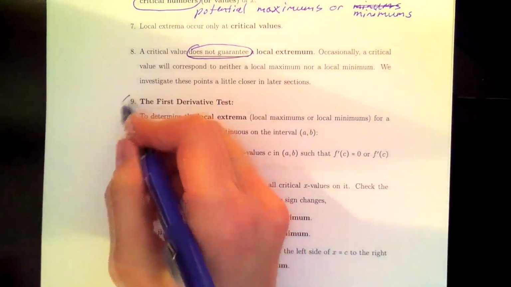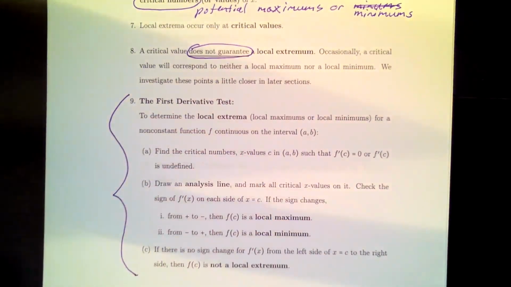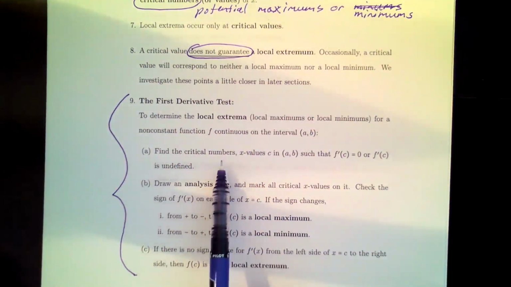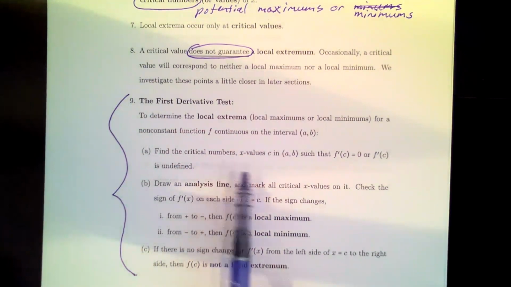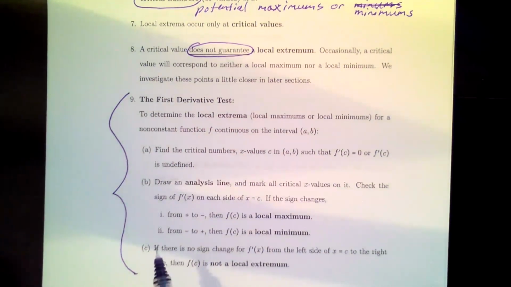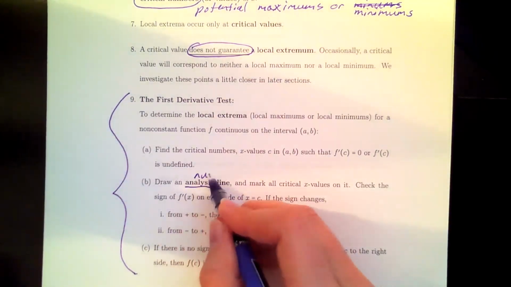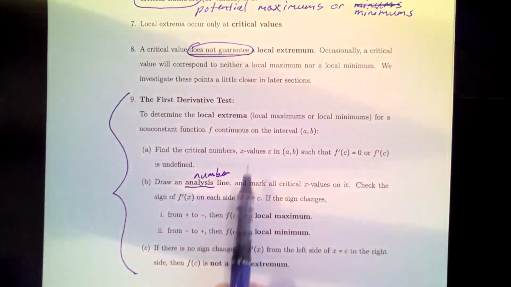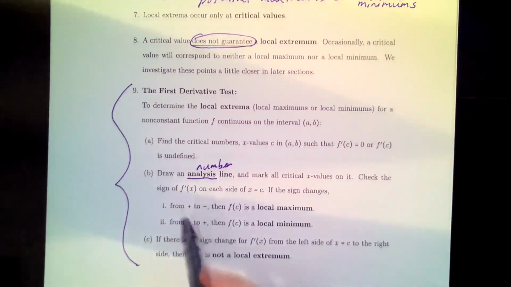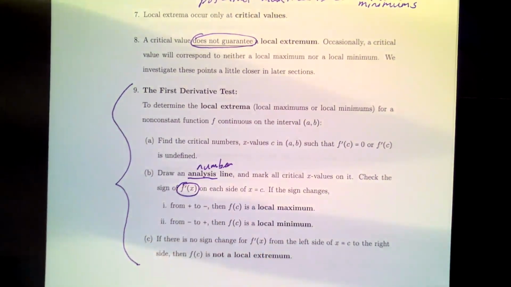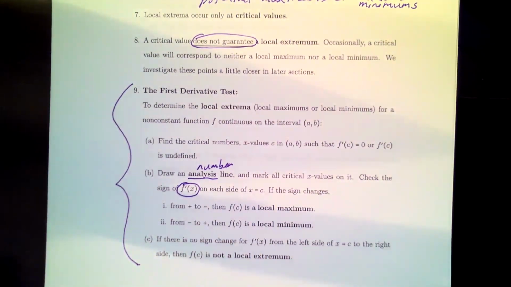Now there's a lot of words here in the steps, but it amounts to, first, find these critical numbers. Find these interesting values of x where a max or min may be. To find whether or not they actually do correspond to a max or min, you draw an analysis line, or that is to say, a number line, and put your critical numbers on the number line. You will then use the derivative function and find where the derivative is positive and negative on the number line.